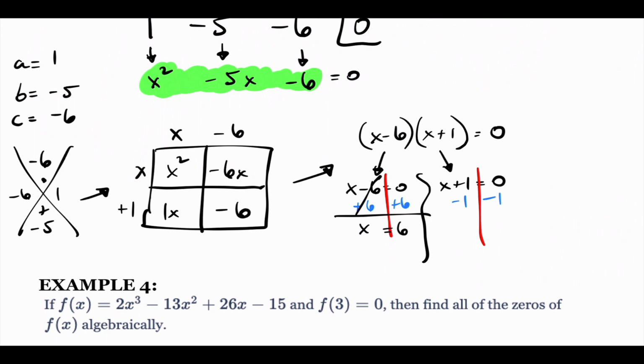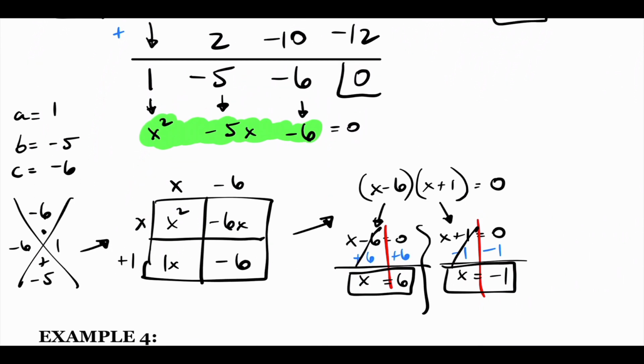So I get positive 6, negative 1. So I go to Delta Math and I put 2 boxes, 6 in one box, negative 1 in the other box, and it says wrong. Why?